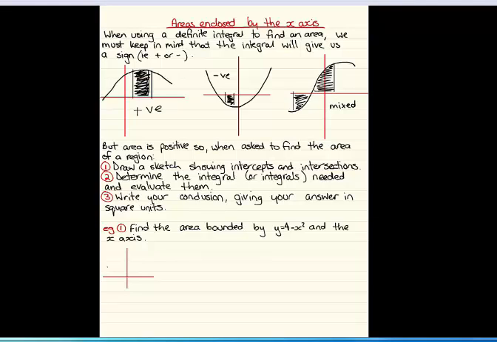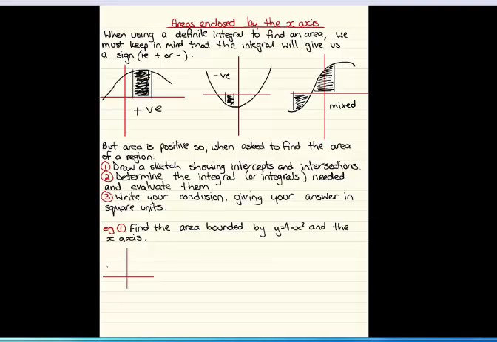Okay, then you're going to determine either one integral. So in the first and the second example of those pictures, they're just one integral. You've got one function, and it's either all positive or all negative, and you substitute it in, and you're going to get an answer. But in that third one, the mixed one, you are going to have to work out the part below the axis, because it's going to give you a negative. And then you're going to have to work out the part above the axis, because that's going to give a positive.